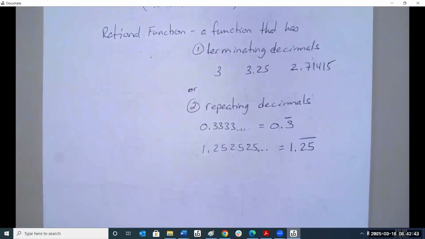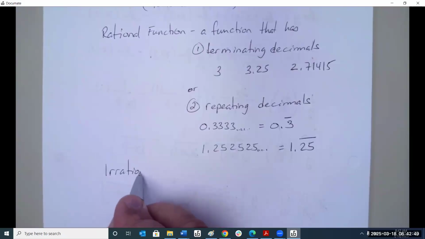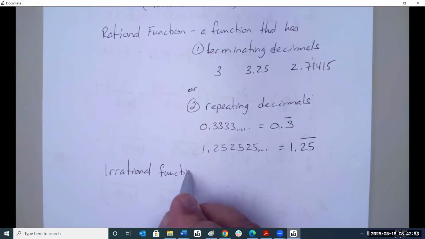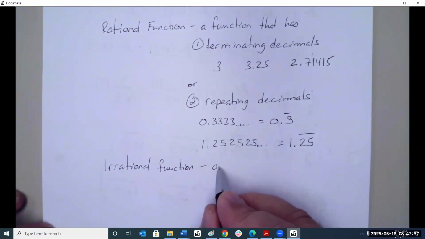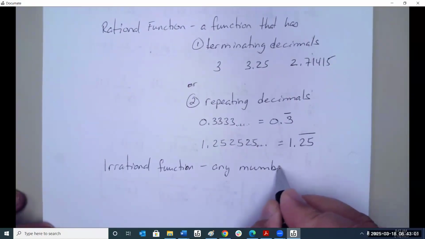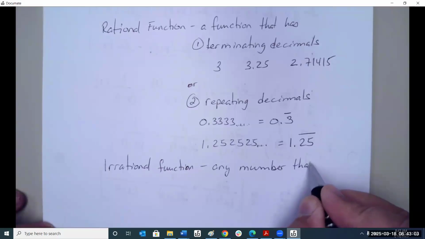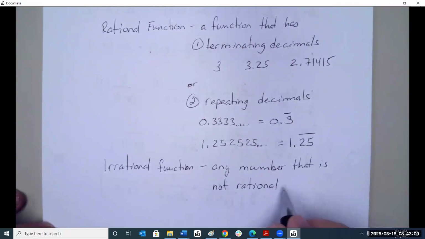We can predict what's going to happen. An irrational number is any number that is not rational.